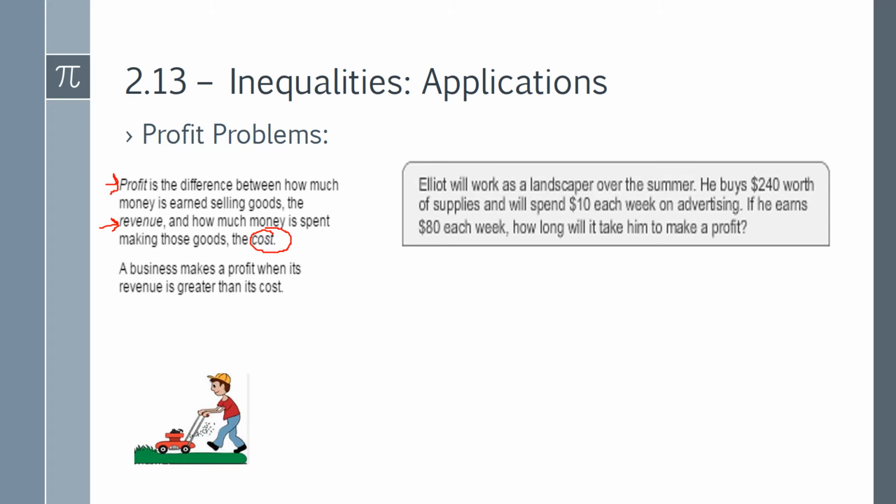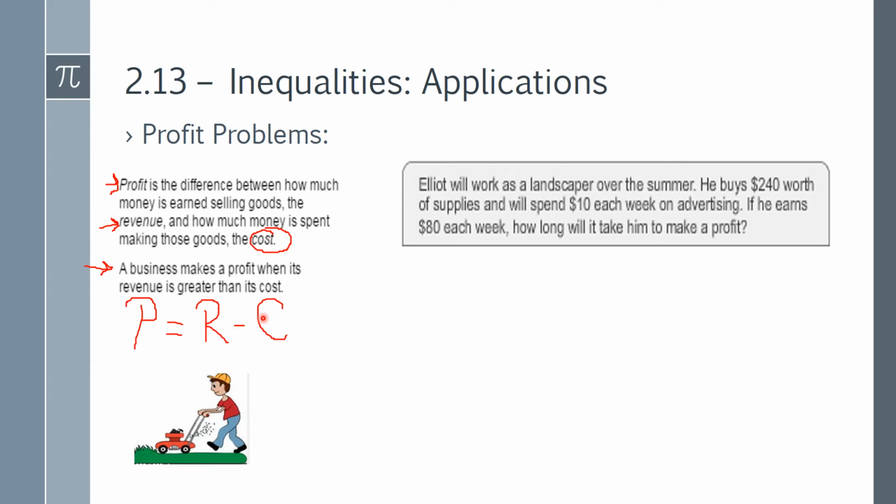So the way that we find profit, and this is going to show up a lot, guys, so please remember that profit equals revenue minus cost. So big thing, a business makes a profit when the revenue is greater than the cost. So look at this, revenue greater than cost.